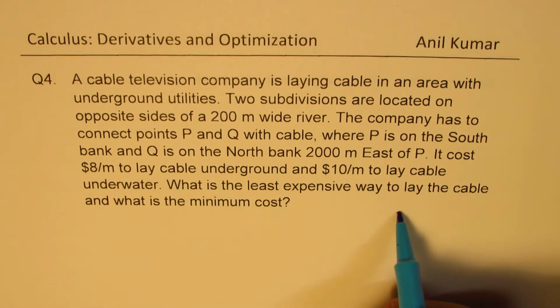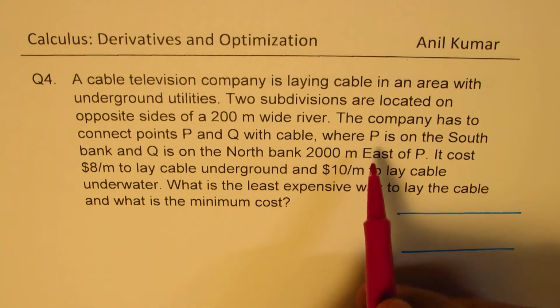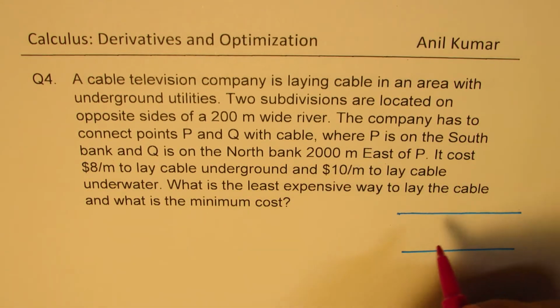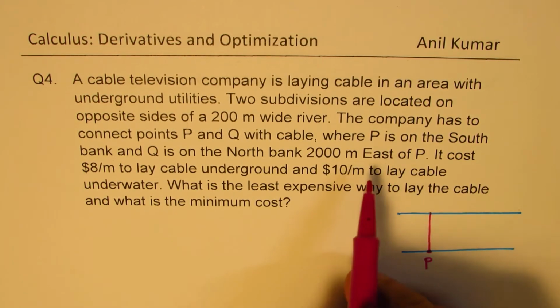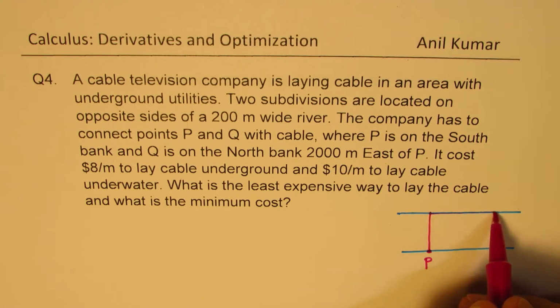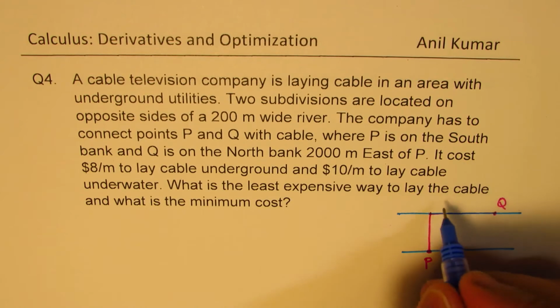So let's think like this. We have a river here. Let's say we have P here. So Q is somewhere here, where the distance is 2,000.